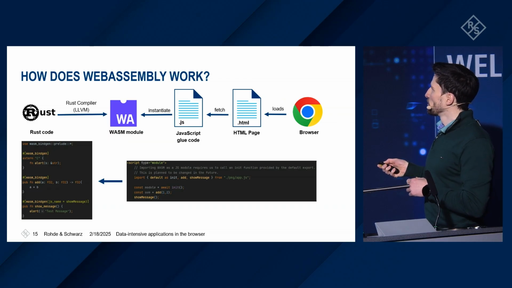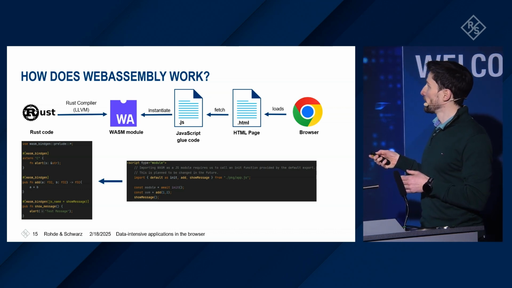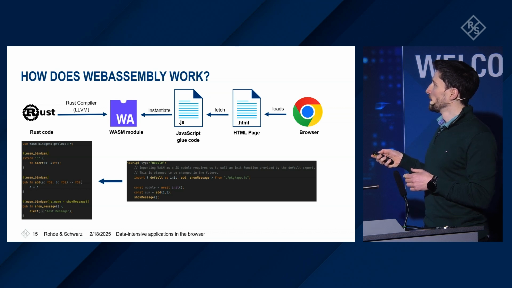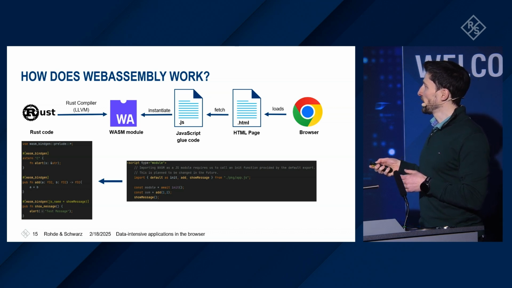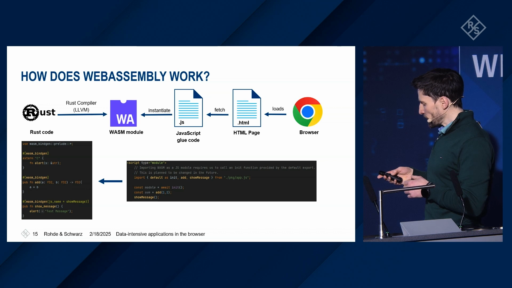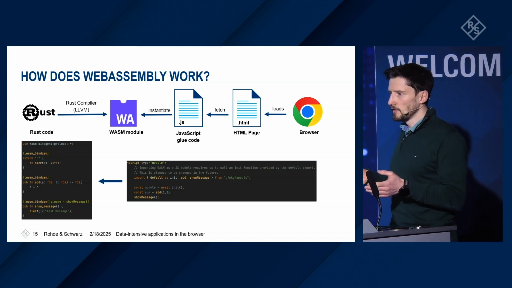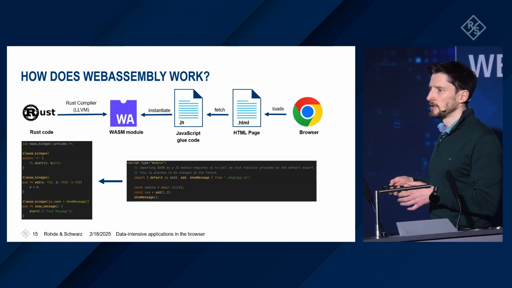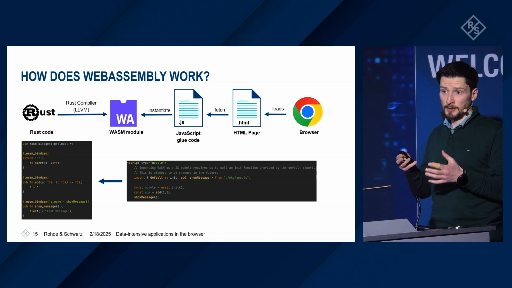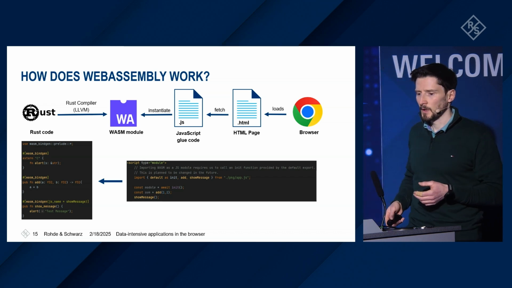You get a ready-built JavaScript file, for example this app.js file. Then you have to initialize that module, and then you can call all these functions in the WebAssembly module. So if you're using the right crates, it's quite easy to integrate, and it integrates quite well in the web world.